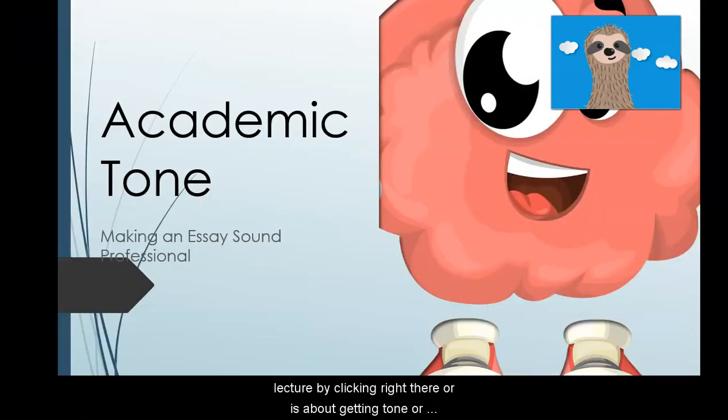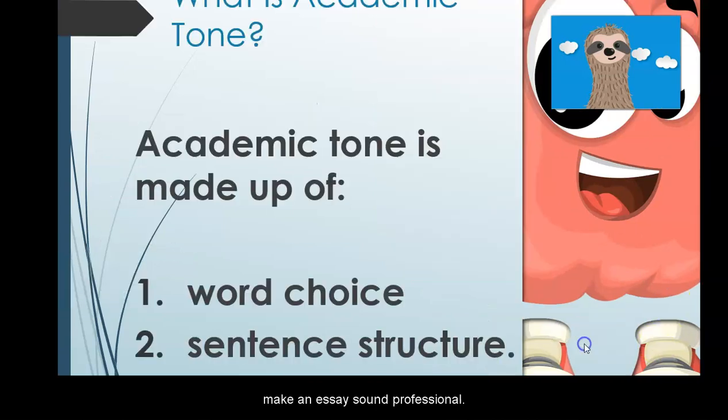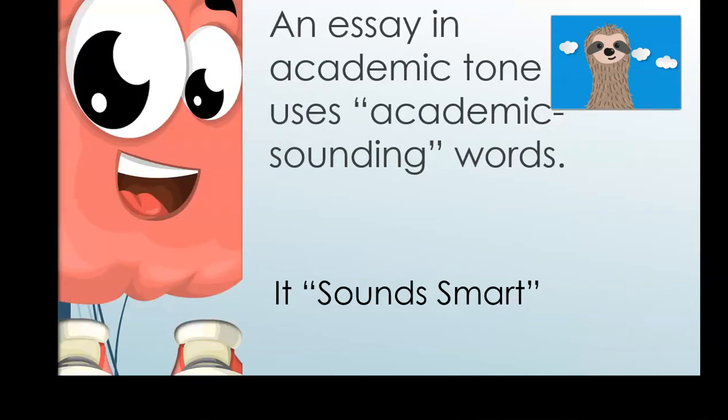It is about academic tone, or making an essay sound professional. So what is academic tone? Academic tone is made up of word choice and sentence structure. So it's a combination of both. An essay in academic tone uses academic sounding words, or it sounds smart.